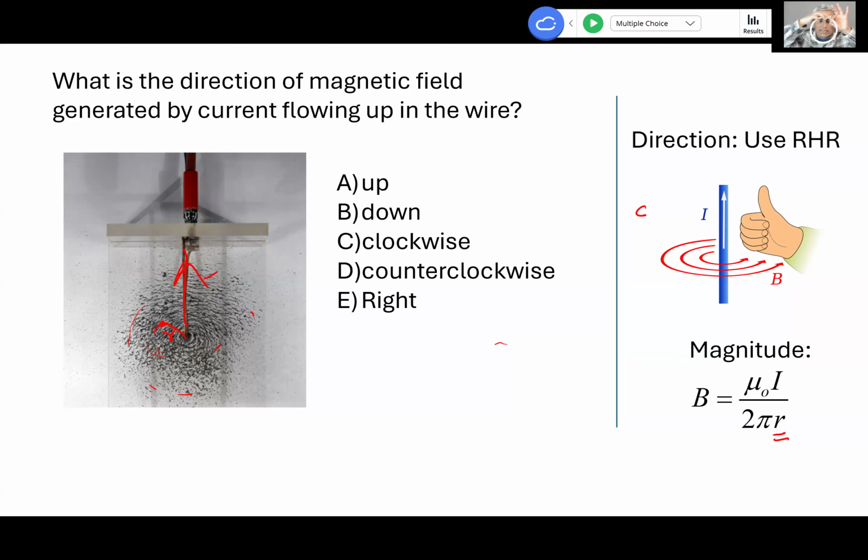So you can grab it by pointing your thumb in that direction, just like we did over here. Okay, so are we good here?